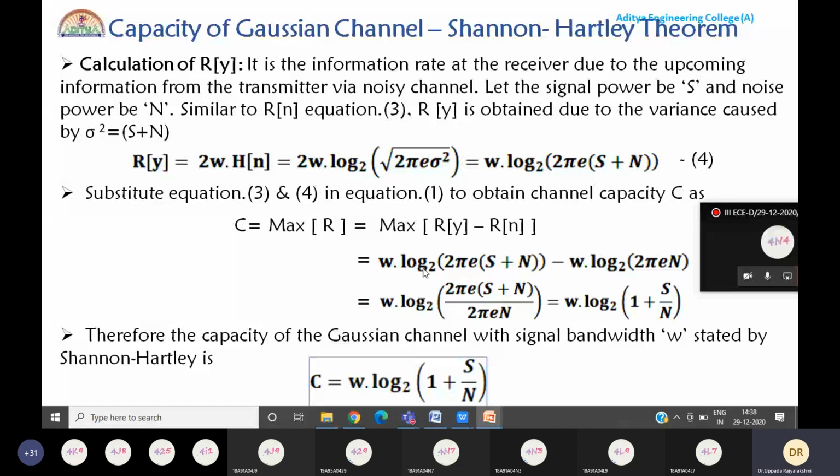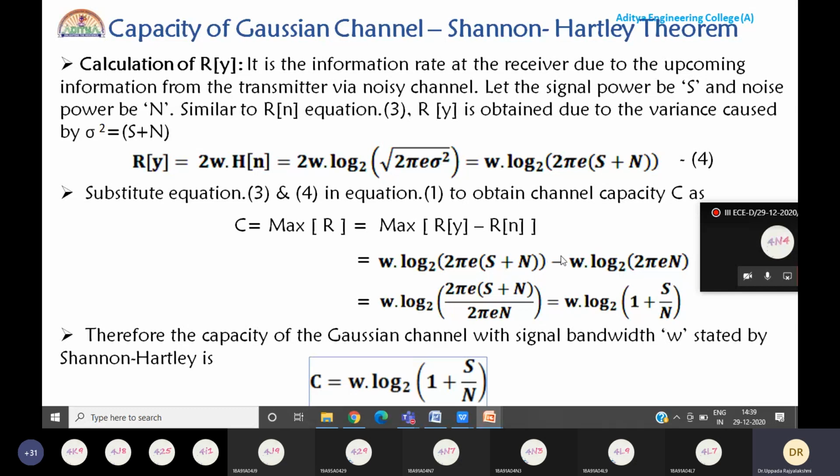So omega into log 2 pi E of S plus N. This is the R of Y. Minus, second term is R of N. What is R of N? Omega log 2 pi E N base 2.